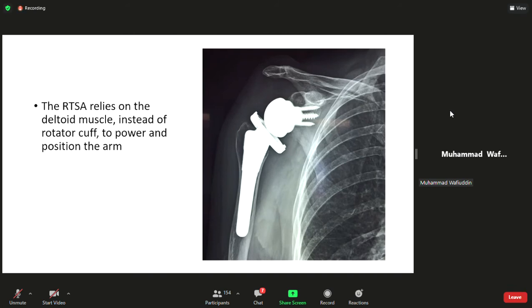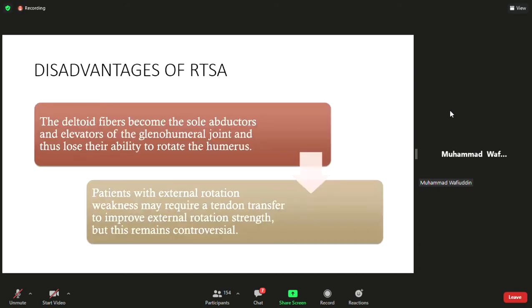So the movement is more on abduction, and this is to reduce the pain. However, this procedure itself does not gain back the function of the cuff, just reduces the pain. Okay, retain a bit of range of motion by the deltoid fiber.